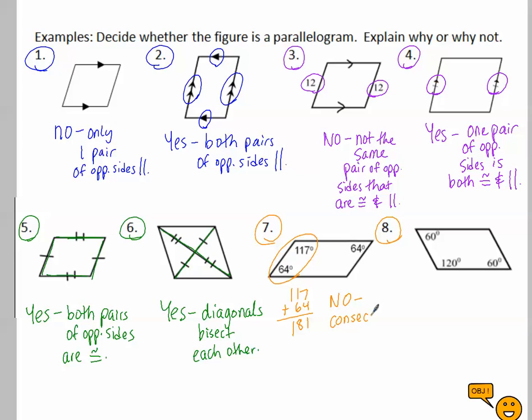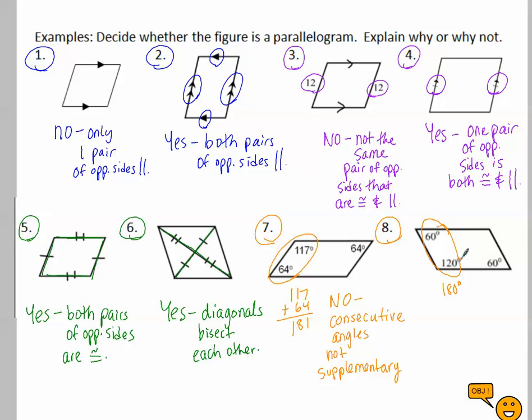So we're going to write that the consecutive angles are not supplementary. How about here? Well, I notice these two angles, when I add those up, make 180 degrees. But be careful that we find out if all of the consecutive angles add up to 180 degrees.